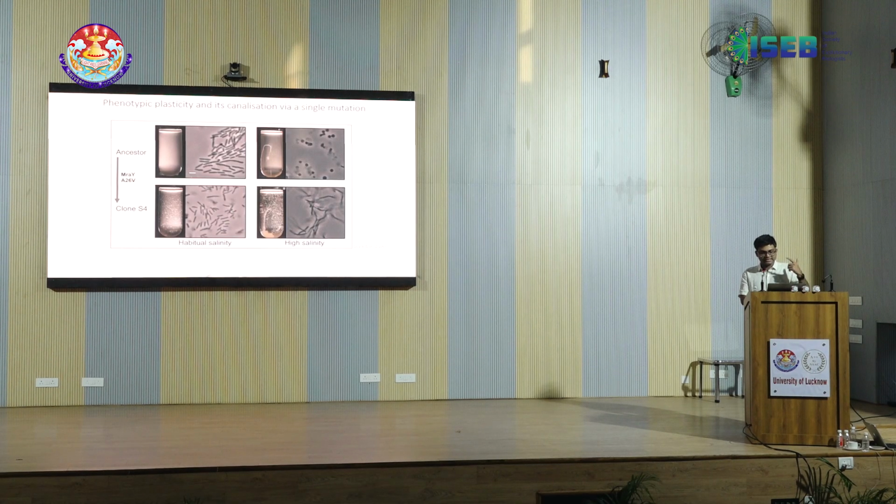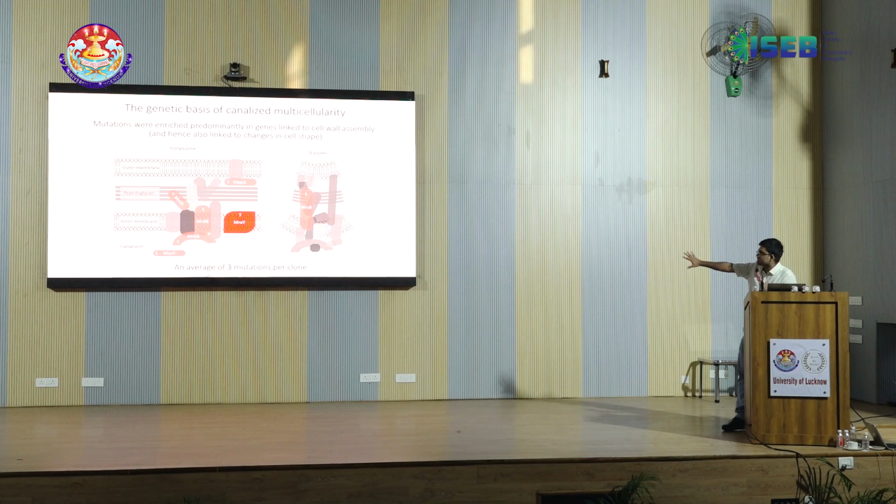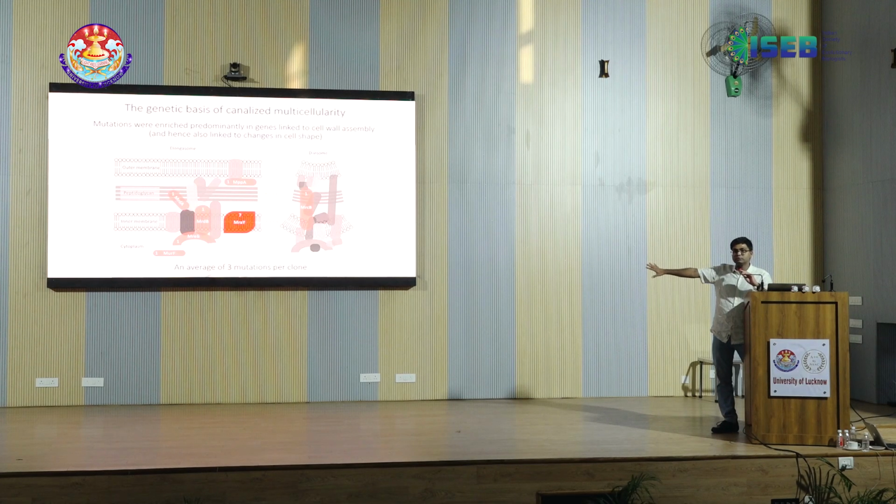Then we also found that a single mutation, a single nucleotide polymorphism, a single SNP, a single amino acid change could lead to changes in plasticity, could canalize plasticity across multiple levels of organization. Plasticity in cell shape and plasticity in multicellularity. Okay, so this was interesting because the number of mutations that you need was just a very tiny number. It was only 3 mutations.